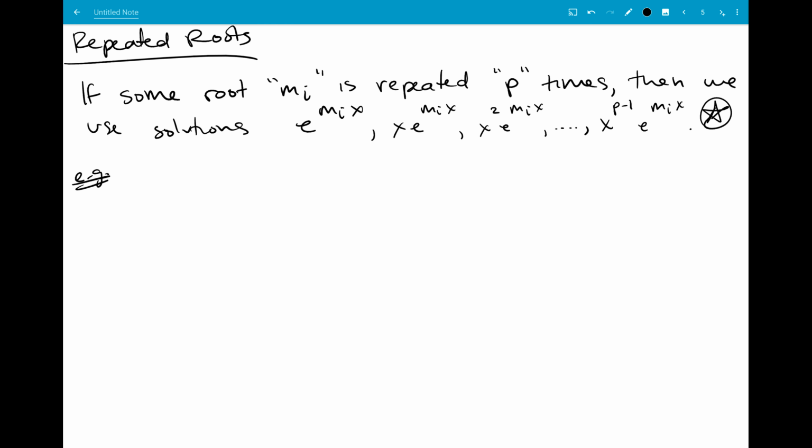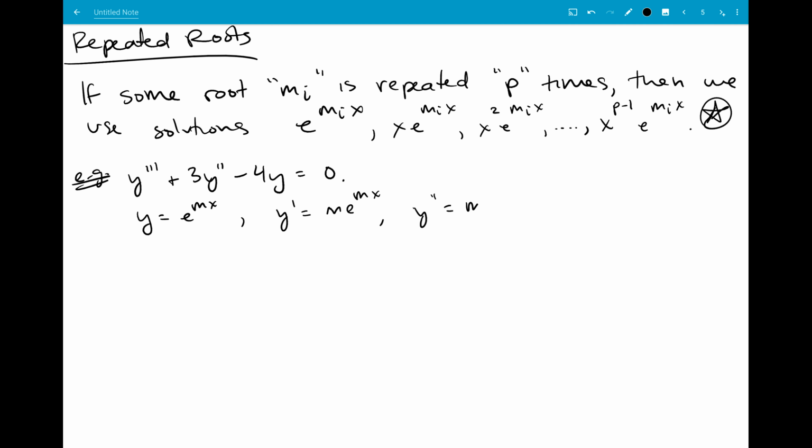So our example where we can see this for more repeated roots is going to be to try and solve the differential equation y triple prime plus 3y double prime minus 4y equal to 0. So if I take y equal to e to the mx, then y prime is m e to the mx, y double prime is m squared e to the mx, and y triple prime, I think this might be our first third order equation we're solving, is m cubed e to the mx.